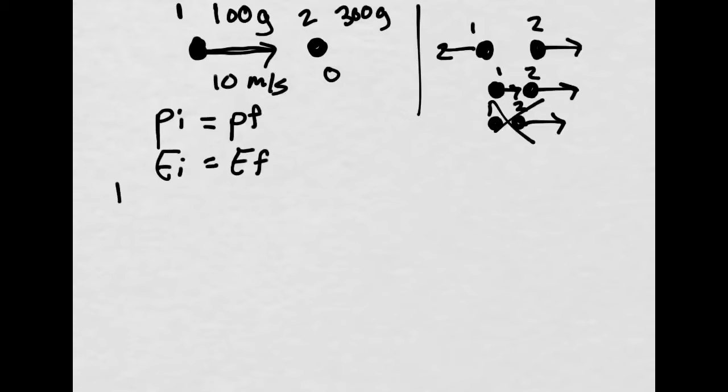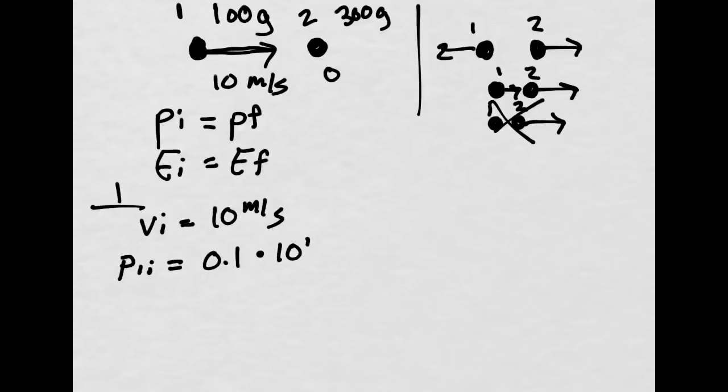So ball 1 has an initial velocity of 10 meters per second. So that means P1 initial is equal to 0.1 times 10 meters per second. I just converted this to kilograms. 100 grams is 0.1 kilograms. So the initial momentum is 1 kilogram meter per second.